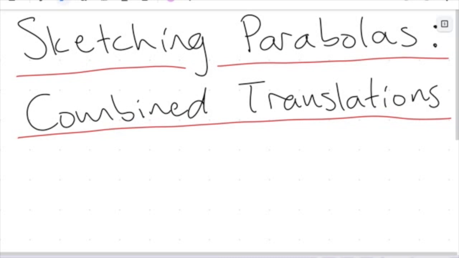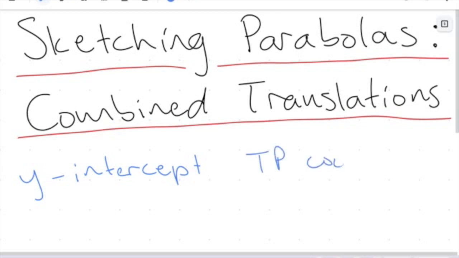And instead of drawing up a table of values, we are going to sketch these parabolas, and all the questions will require you to do, at least for this first batch, is to show the y-intercept and the coordinates of the turning point. So for all of these ones, we just need our y-intercept and our turning point coordinates.